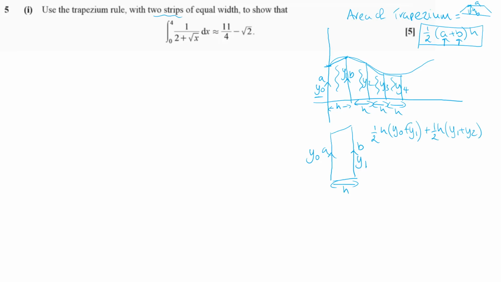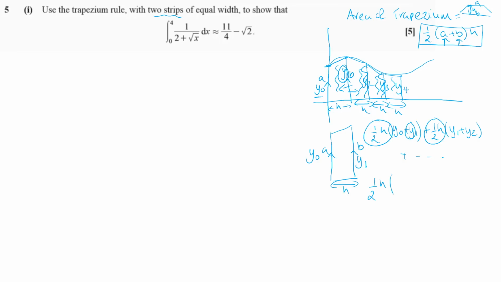So you can see this y1 ordinate is shared in this trapezium and this trapezium, and all the ones in the middle are. So if we start adding up all of these trapeziums, they're all going to have common factors. They've all got a half h, so we can take that out on the front.